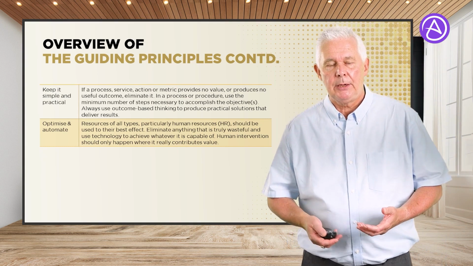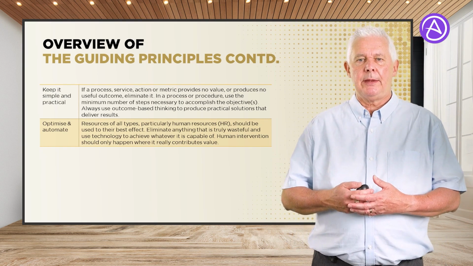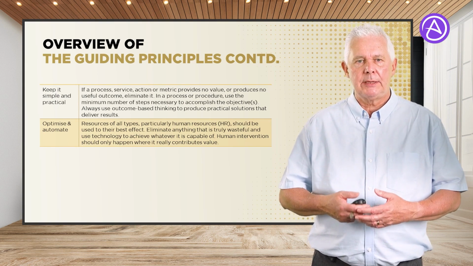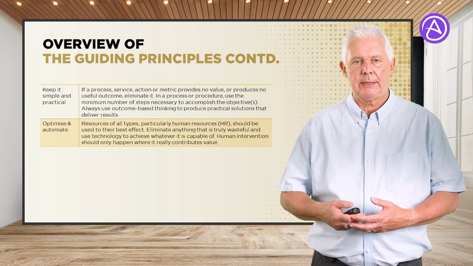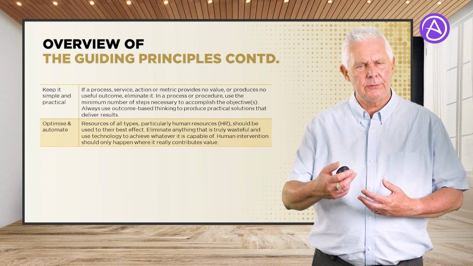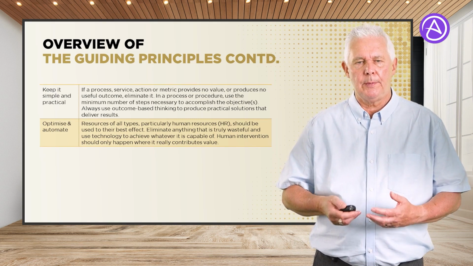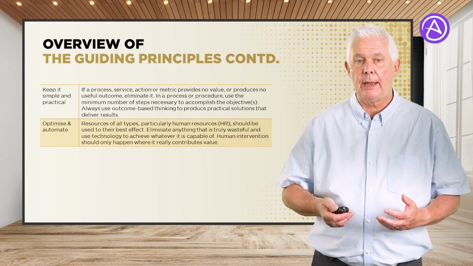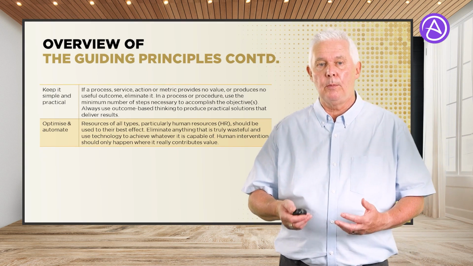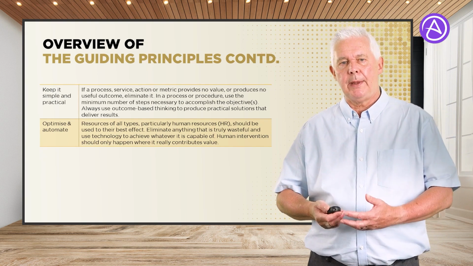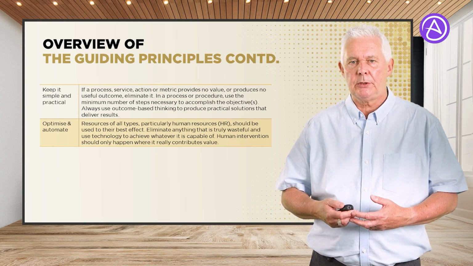Okay. And of course, if we're going to automate things, then ideally we should automate things that are relatively simple, yeah, and practical. So again, you can see this draw on other guiding principles. You wouldn't want to automate something that's overly complex because you'll create overly complex automation. So ideally, before we automate, we should optimize as best as possible.